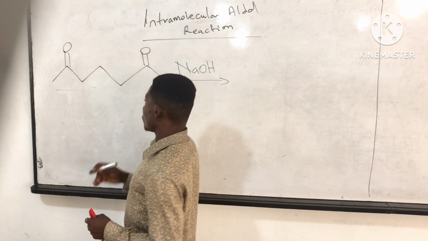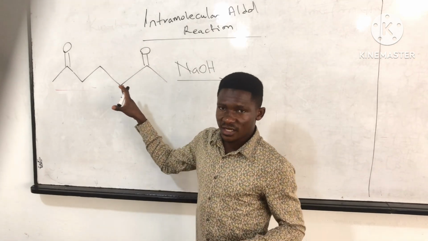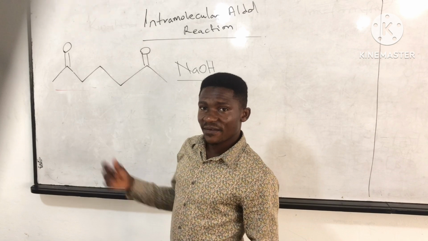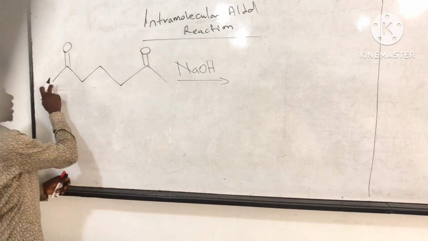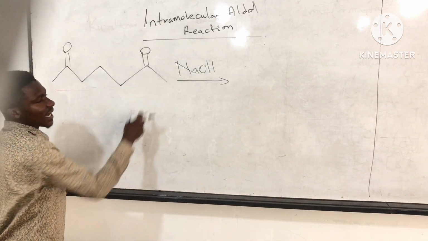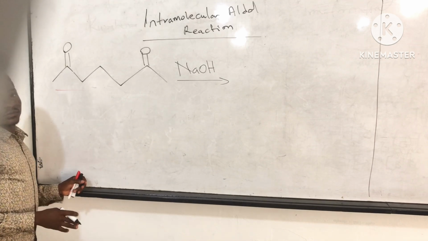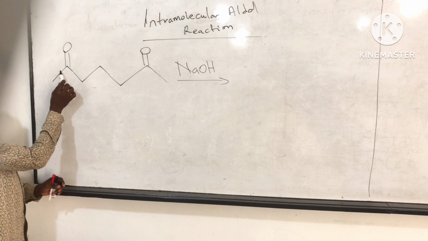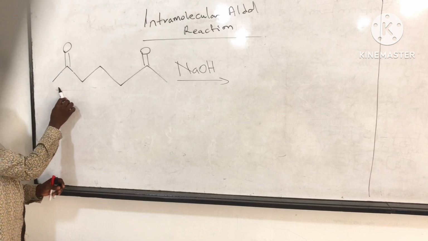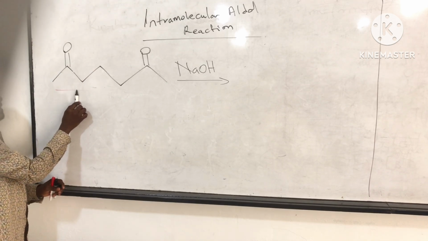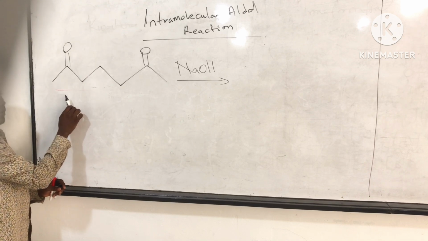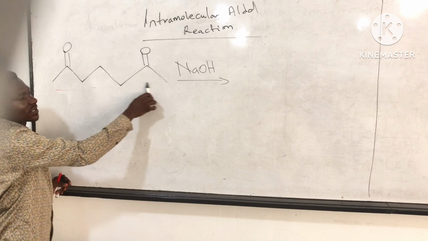Now look at this molecule. We want to check if it is actually symmetrical. You would realize that if I count 1, 2, 3, 4, 5, 6, 7, I have 7 carbons in this system. If you look at the first ketone system, everything that is attached to this ketone system is also present in this ketone system.